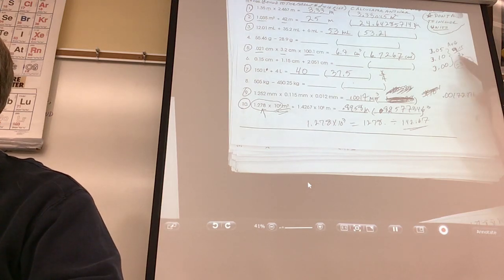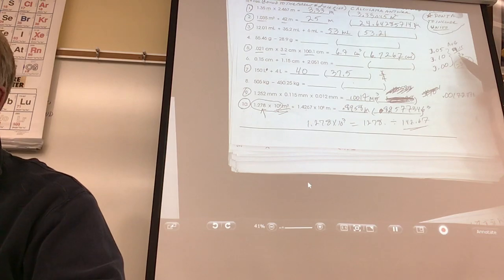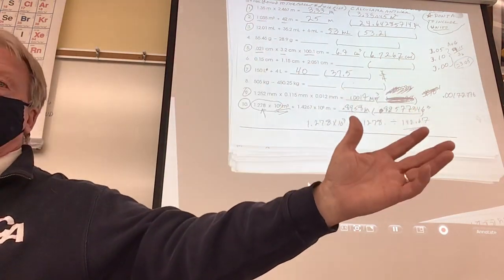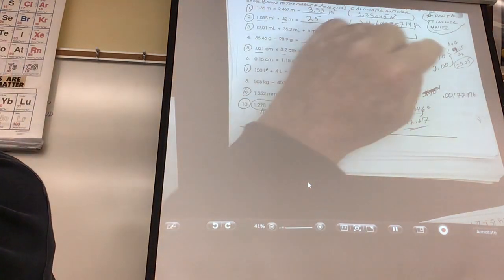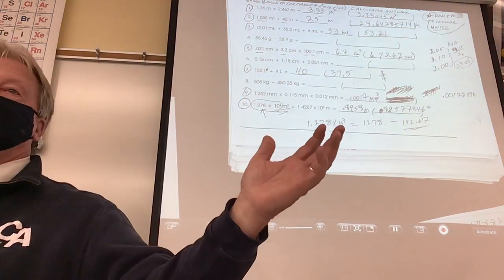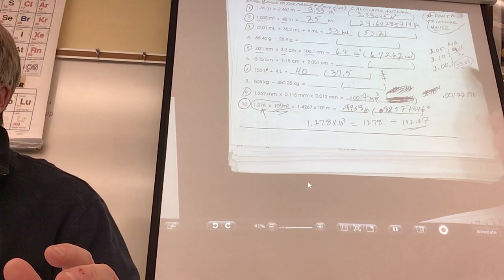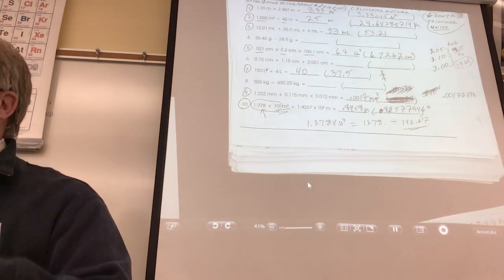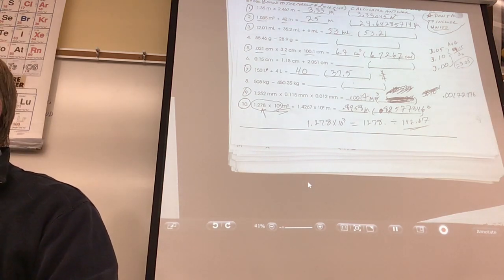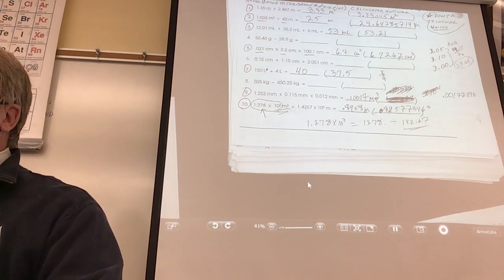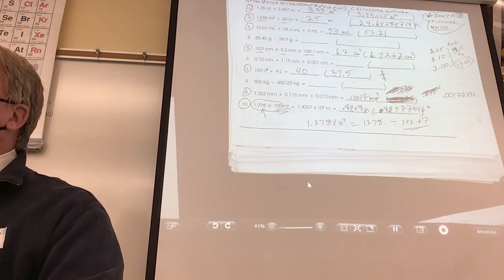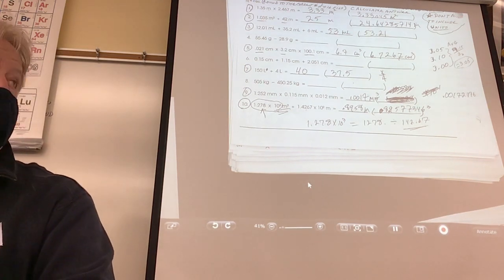Where'd you get that 3 from? Did you measure that 3? No, it's a counting number. Counting numbers have an infinite number of sig figs. I got 3 sig figs, I got an infinite. What's the least number? 3. So it wouldn't make sense to not write 3.05 here, would it? So counted numbers have an infinite number. Does that make sense to you? You gotta watch out for the counted numbers like that.